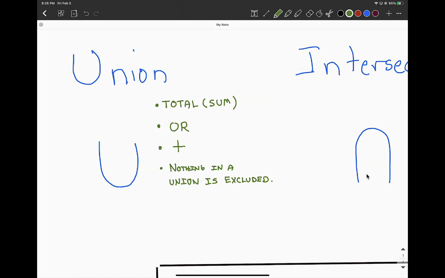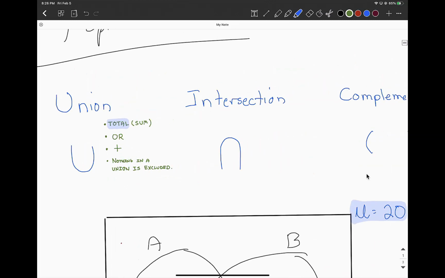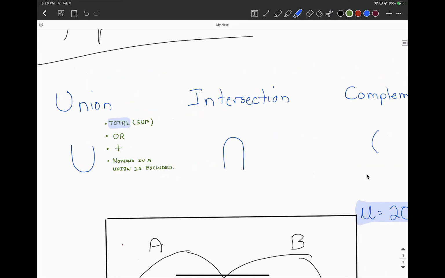It keeps on adding more and adding more and adding more. Anything that's described is going to be included in the total. And so we are just looking for a really large total, which is quite different than, say, when we intersect something.